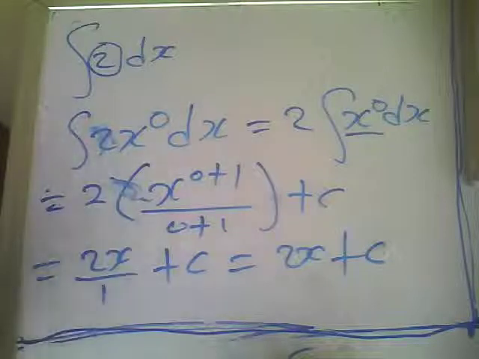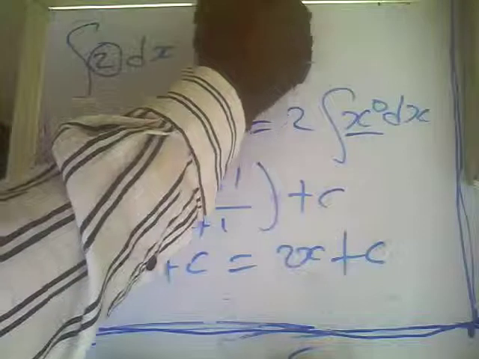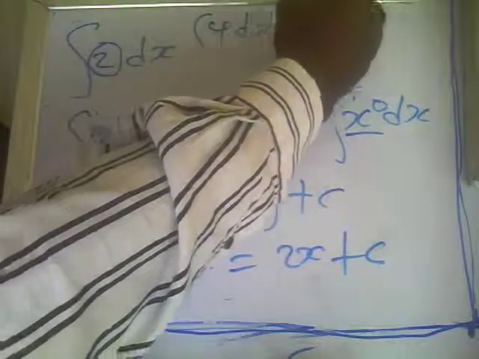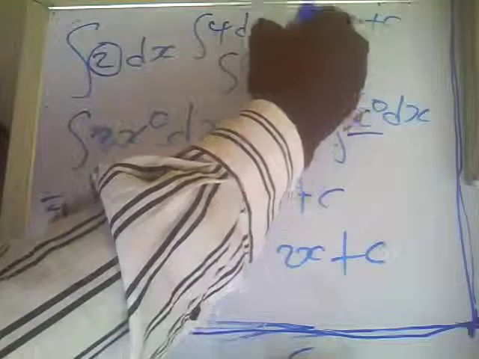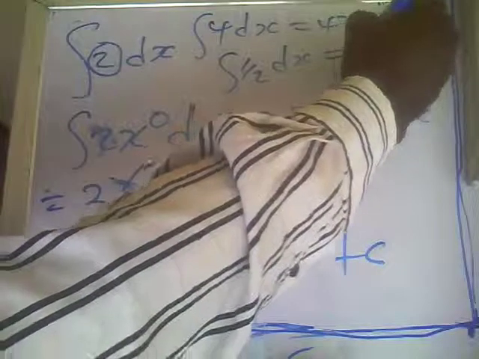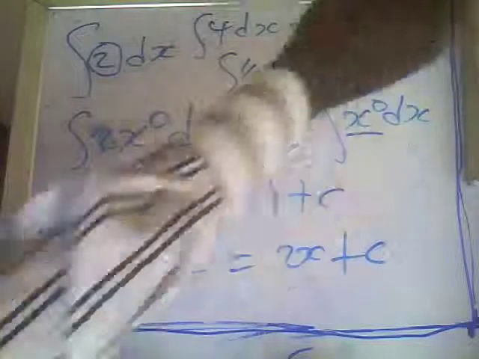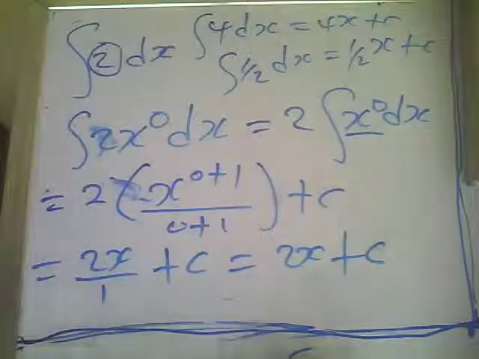So it's a rule of thumb that whenever we have a constant like 4 and we want to integrate it, the answer will just be 4x plus c. If I say the integral of 1/2 dx, the answer is going to be half x plus c. Those are the rules that you just need to master.